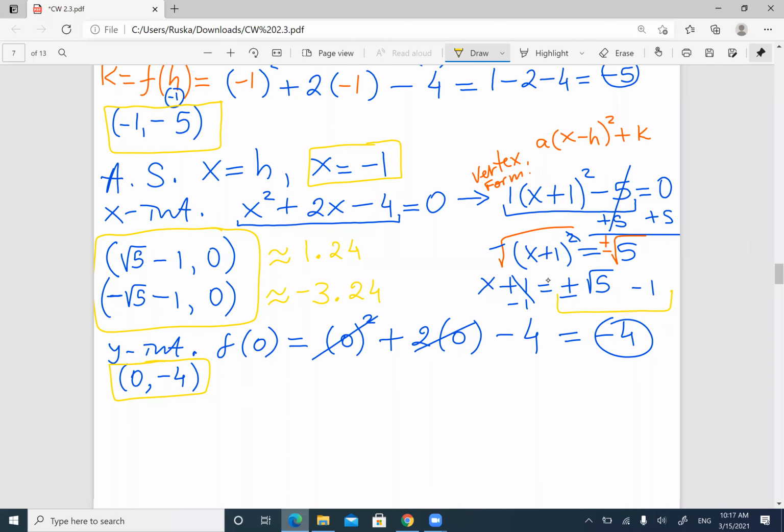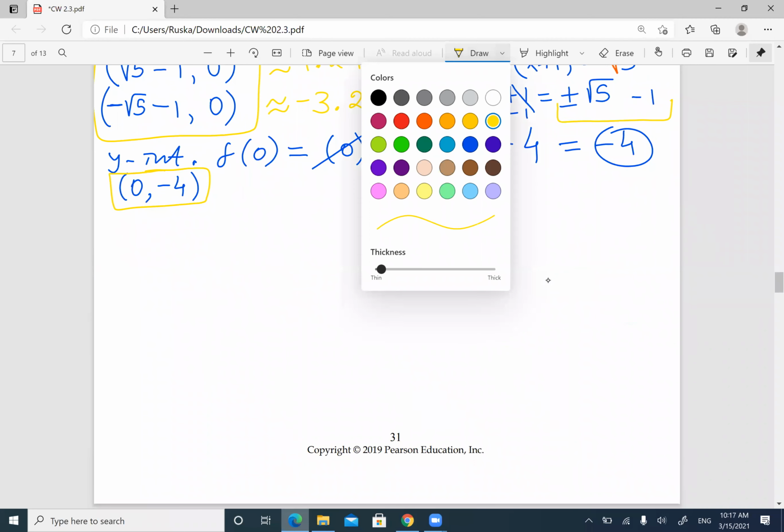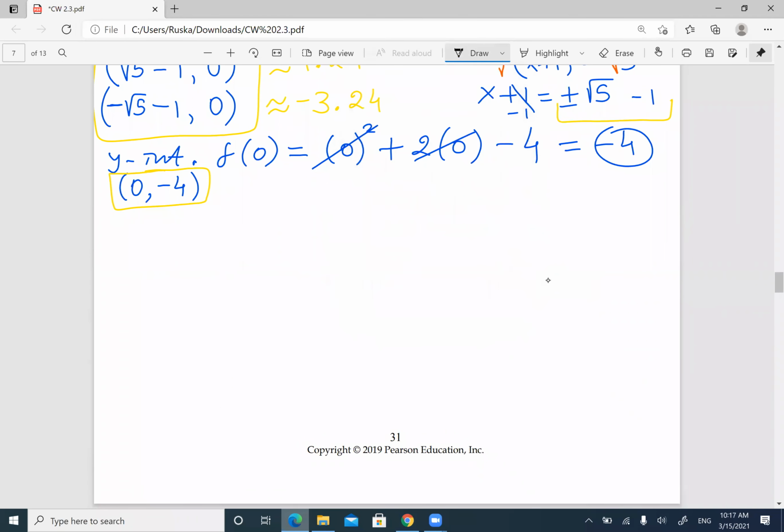So that's how you find the x-intercepts and the y-intercept. The next step is we need to put everything together on the graph. So let's do the graph, x and y.